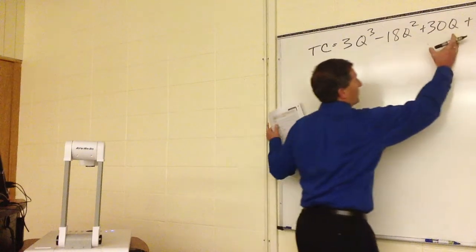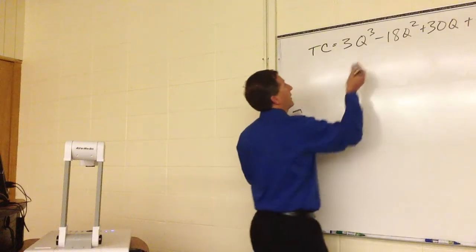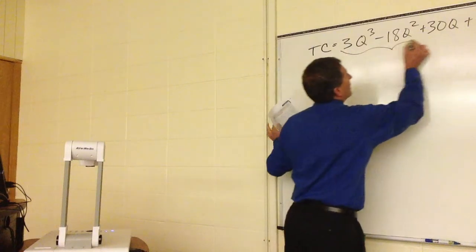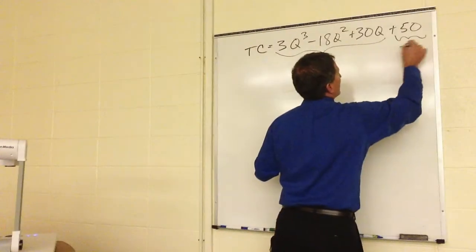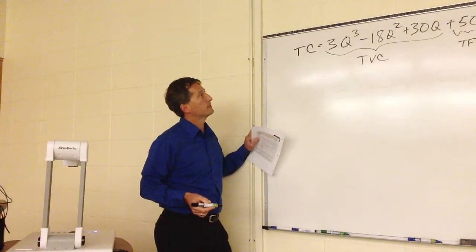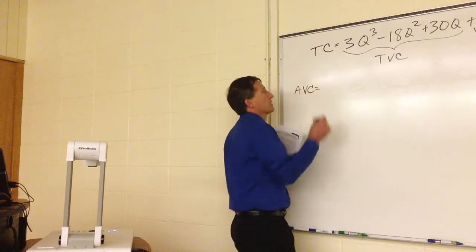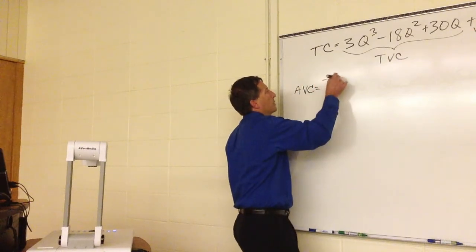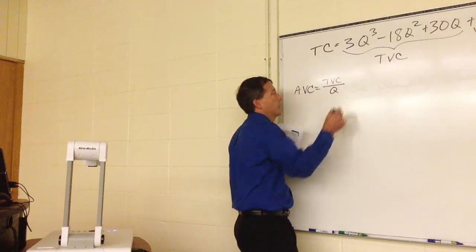Everything except for this guy, right? So there's your variable cost function. Total variable cost. Here's your total fixed cost. Average variable cost equals total variable cost divided by quantity. Do it.